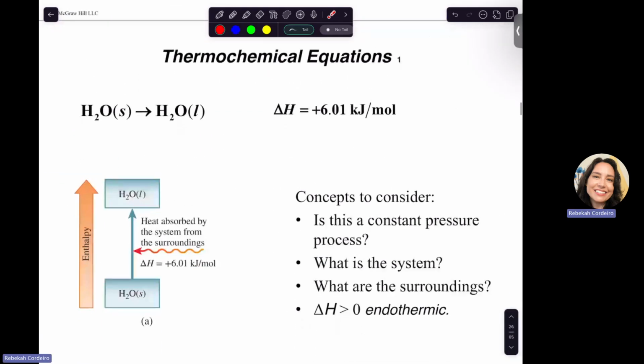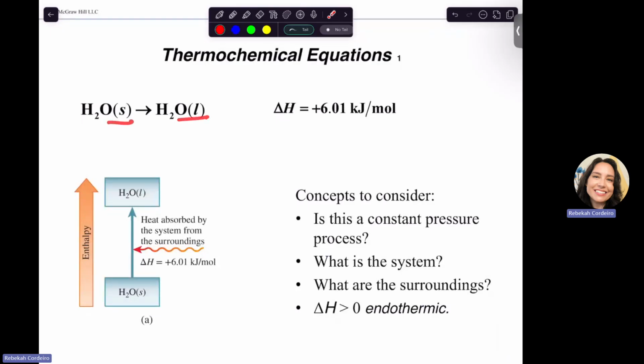So for example, solid water turns into liquid water. This is melting, right? The change in thermal energy is positive 6.01, meaning the heat is positive 6.01 kilojoules per mole. What does this mean? This means that per 1 mole of water, we have to put in 6.01 kilojoules of thermal energy to get water to melt from solid to liquid.